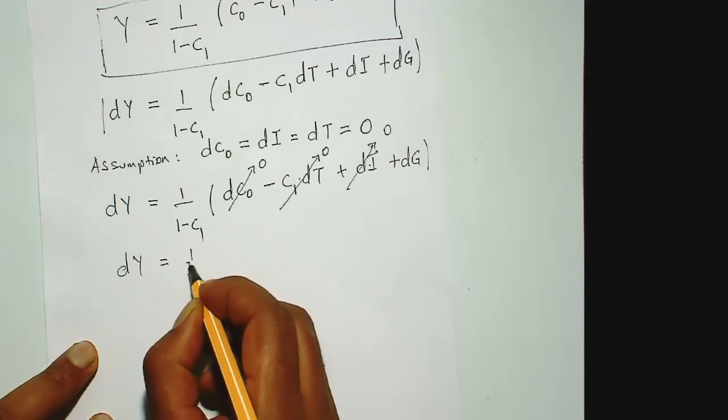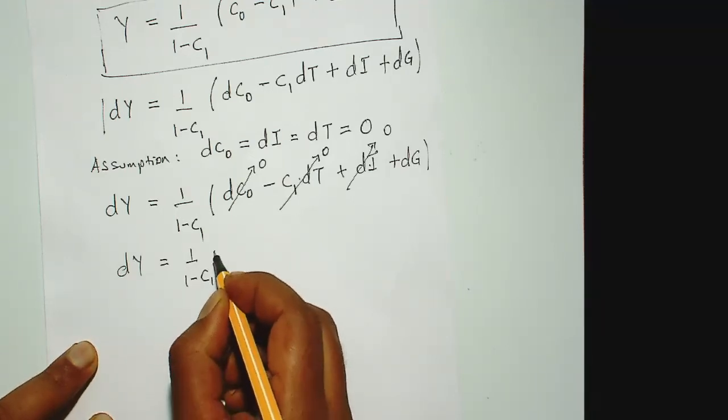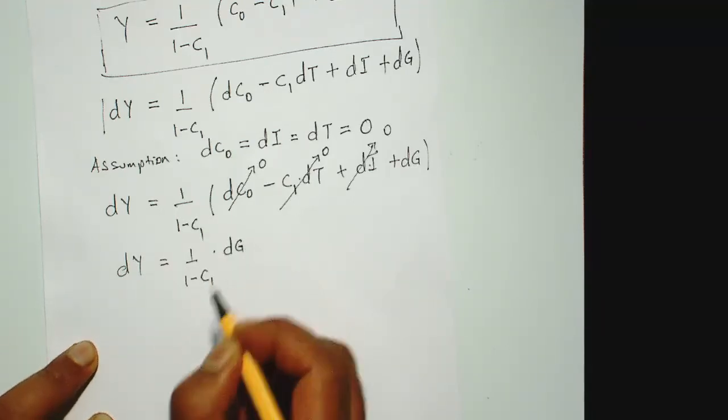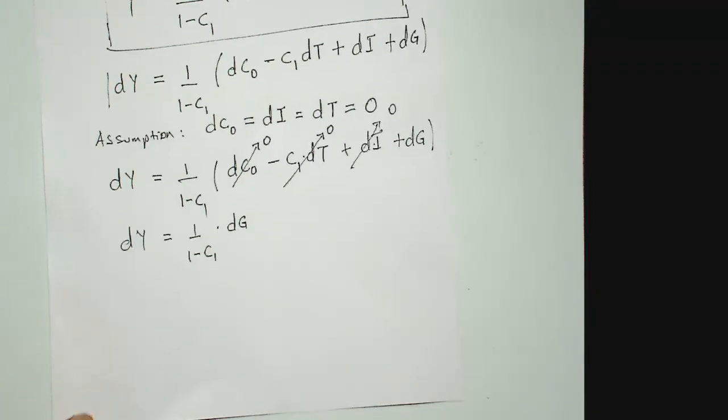Simplifying, we have dY is equal to 1 over 1 minus C1 multiplied by dG.